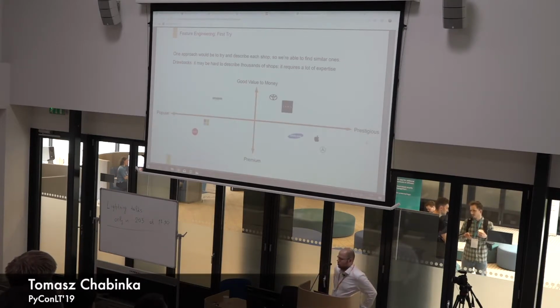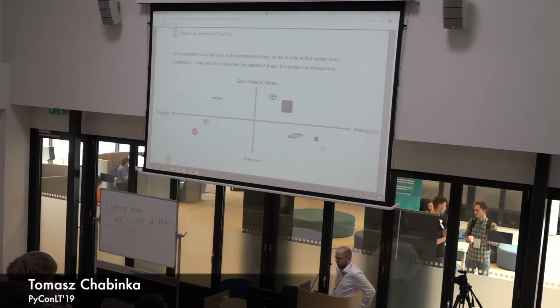So one approach would be to take every thing that a user can buy, right, and try to describe it, create some features manually, right? So you can try to grade your things on a scale from good value for money to premium, or on a scale from popular to prestigious.